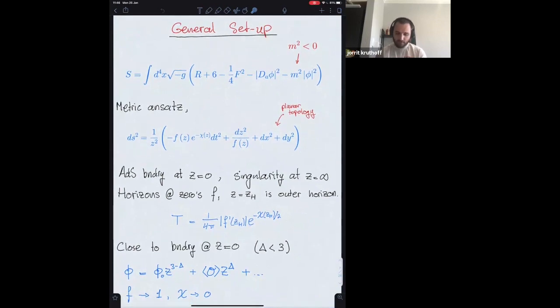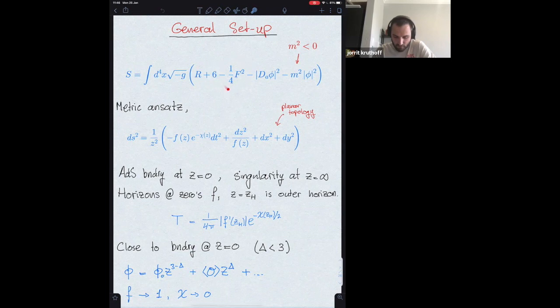So the general setup that I will be considering is a 4-dimensional geometry. So we'll be working exclusively in 4 dimensions. This will also work in higher dimensions, but this is the case that we focused on. There's the Einstein-Hilbert term with cosmological constant.